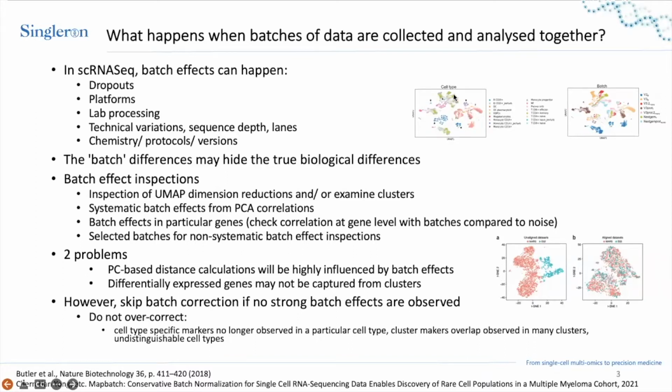Taking multiple myeloma as an example, if all of the T cells are located at the same location, but we only observe the plasma cells at different locations, it may indicate that the batch effects in the experiments are not so obvious, and we may just continue with the raw experiments.